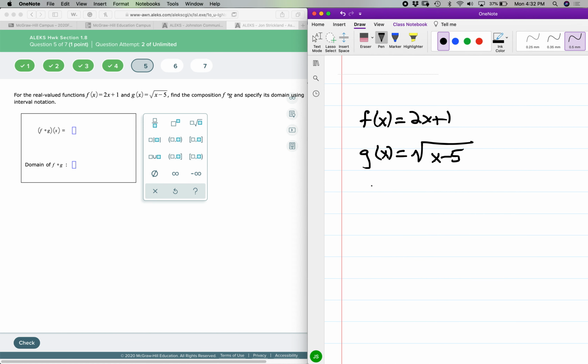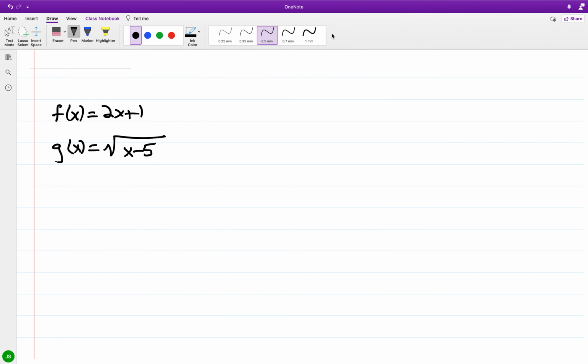Okay, and we have here the real valued functions f of x equals 2x plus 1, and g of x equals the square root of x minus 5. It says to find the composition f composed with g of x and specify its domain using interval notation.